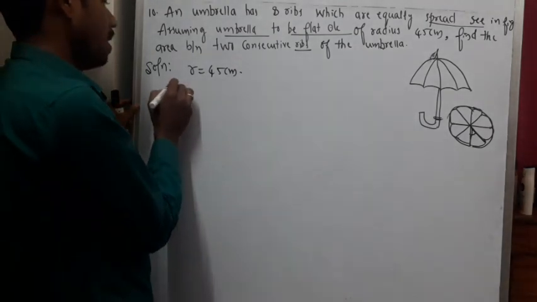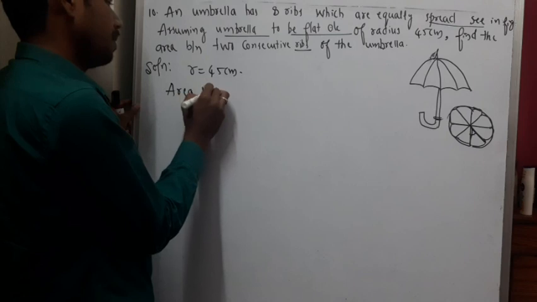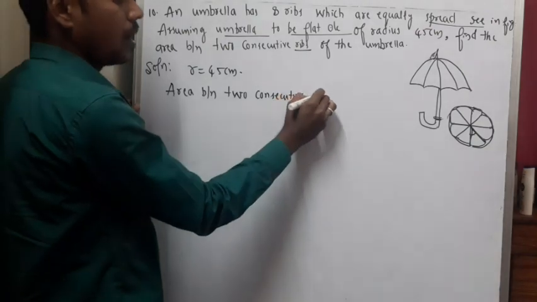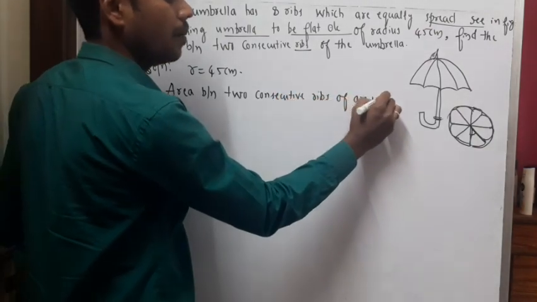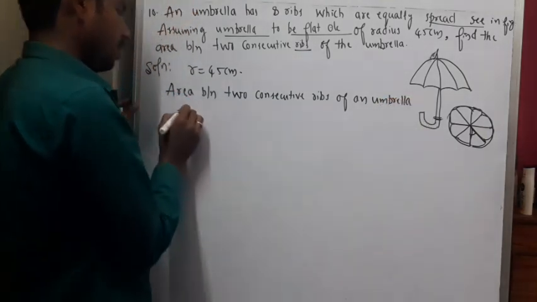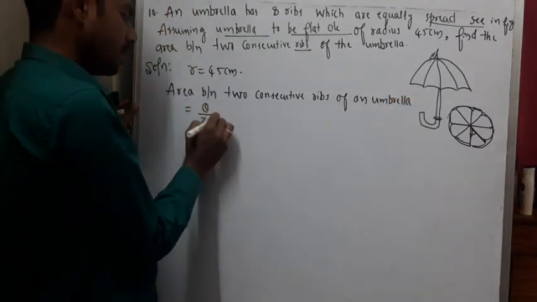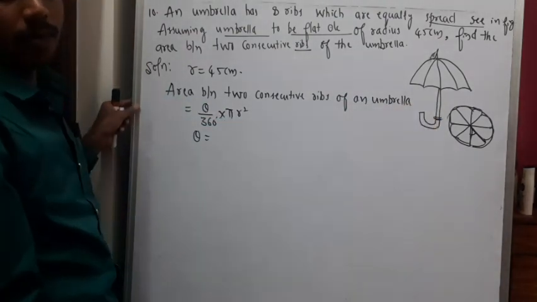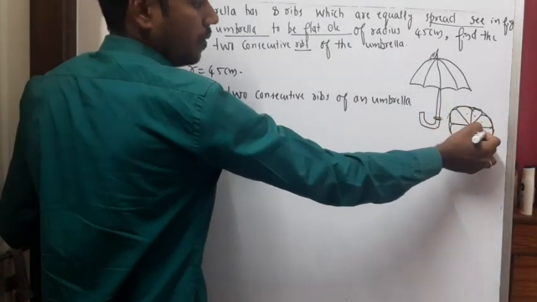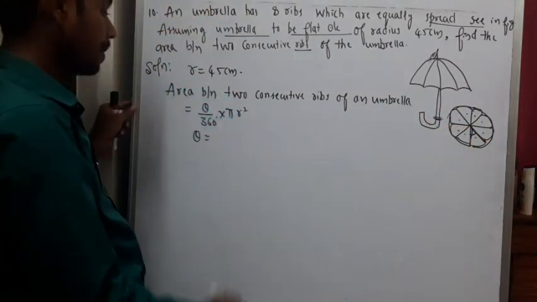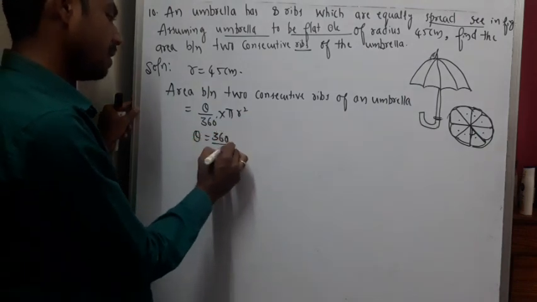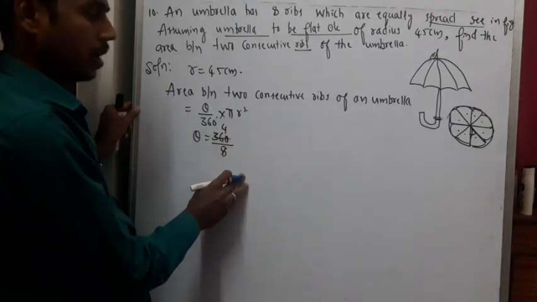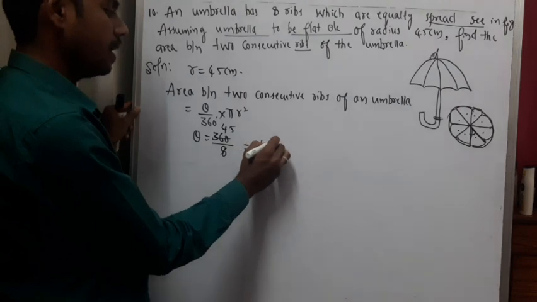So the area between two consecutive ribs of an umbrella is equal to theta divided by 360 into pi r square. We need theta. How many equal ribs are there? 1, 2, 3, 4, 5, 6, 7, 8, total 8 sectors are there. So 360 divided by 8 is the value of theta. 8 fives are 40, so 45 degrees is theta.